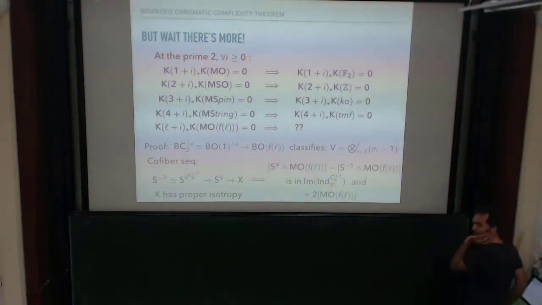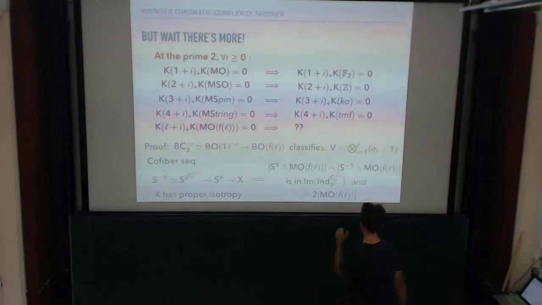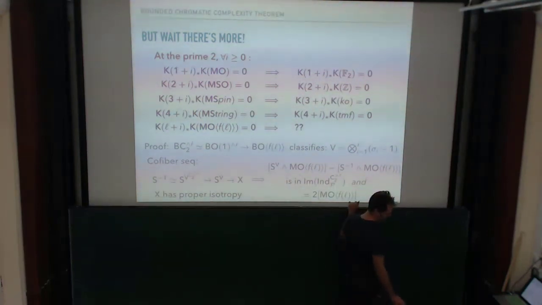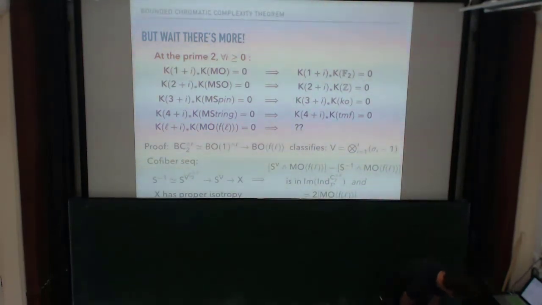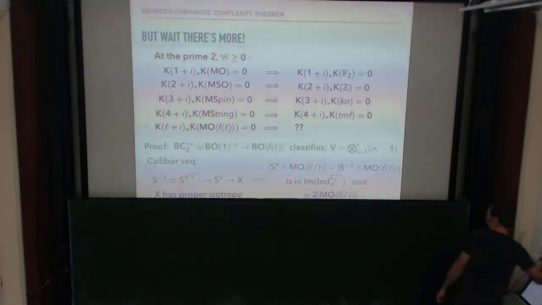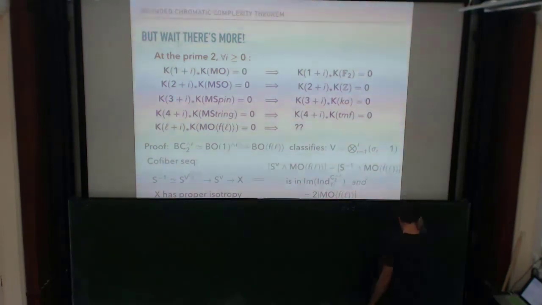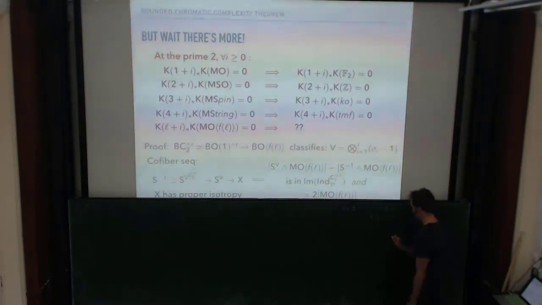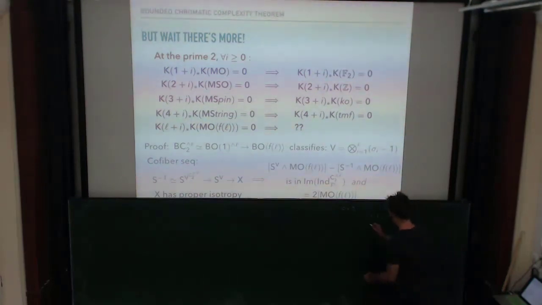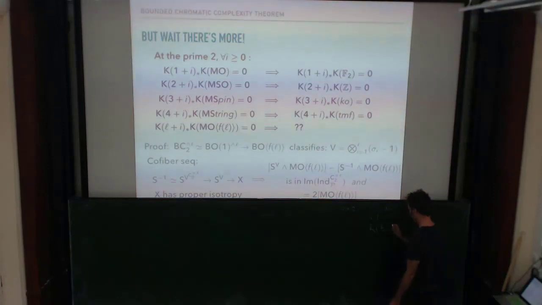A somewhat longer argument shows a different result, which I can't prove here, but I can state. Again, at the prime 2, we take G as some finite subgroup of the extended Morava stabilizer group. Maybe G is not a good name because I've been using that up here.